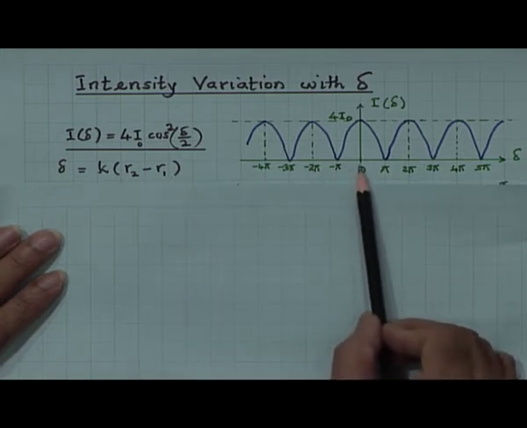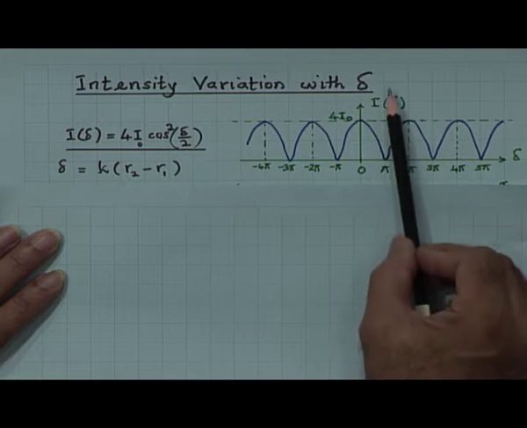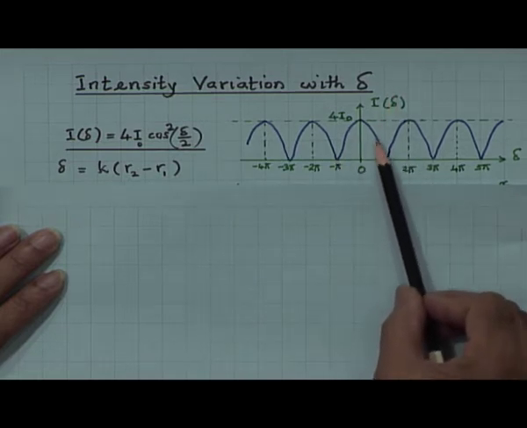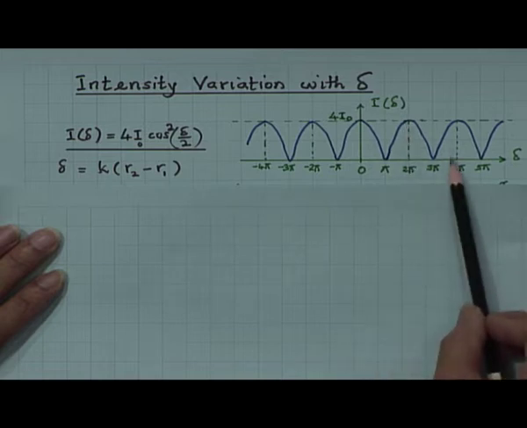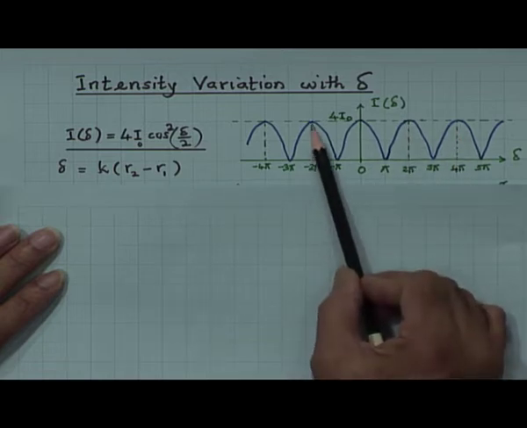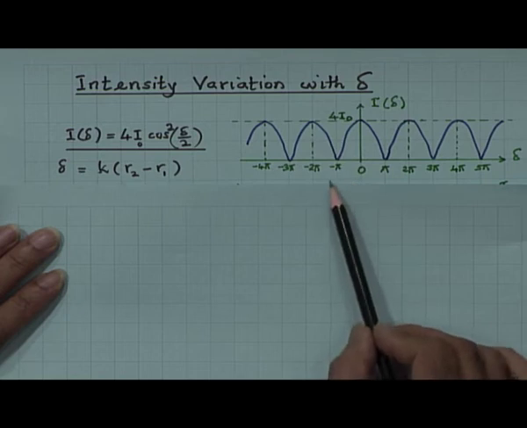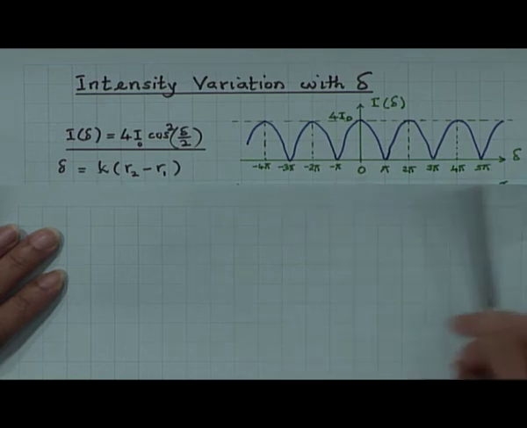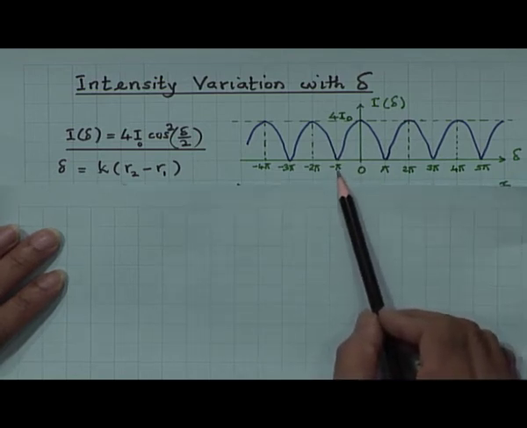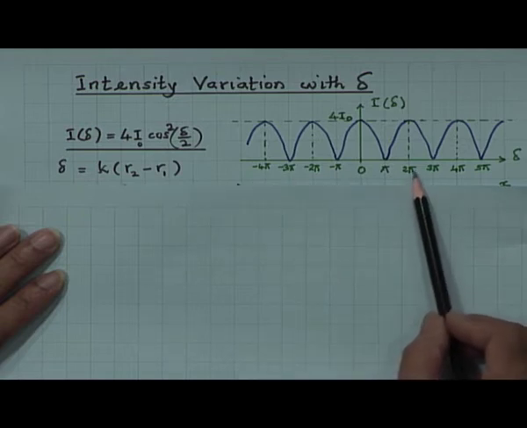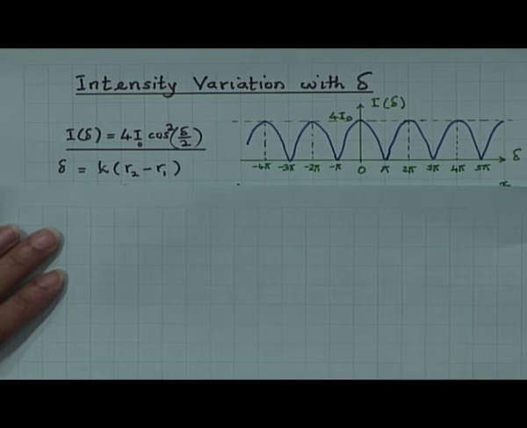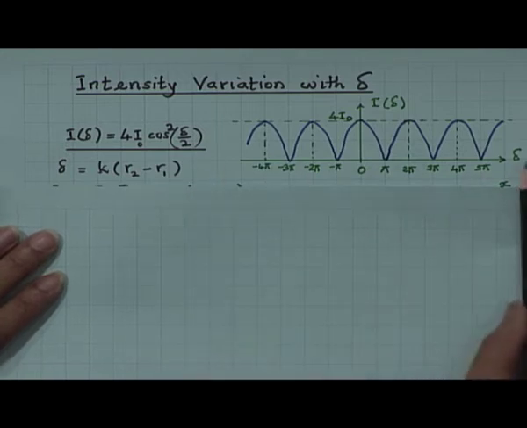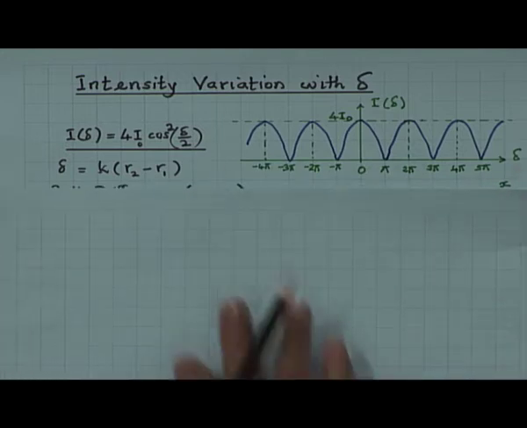We can see that whenever delta becomes an integral multiple of 2 pi, intensity becomes maximum, and whenever it is an odd integral multiple of pi, such as minus pi, minus 3 pi, pi, 3 pi, the intensity goes to minima. So, this is the intensity variation as a function of delta.